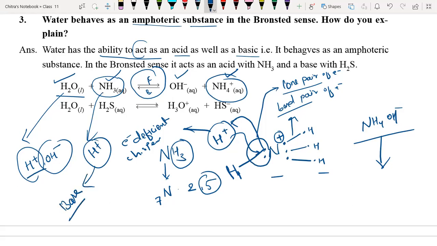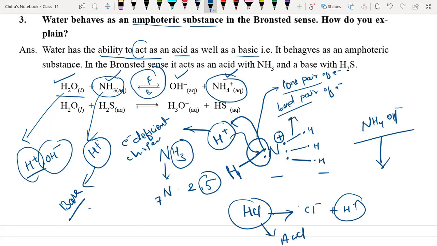Those chemical species that accept H positive ion are called bases, and those chemical species that lose H positive ion are called acids. Is it or not? So suppose we have HCl, and when we dissolve it in water, it forms Cl negative ion plus H positive ion. So HCl is losing hydrogen, that's why it is acting as an acid.